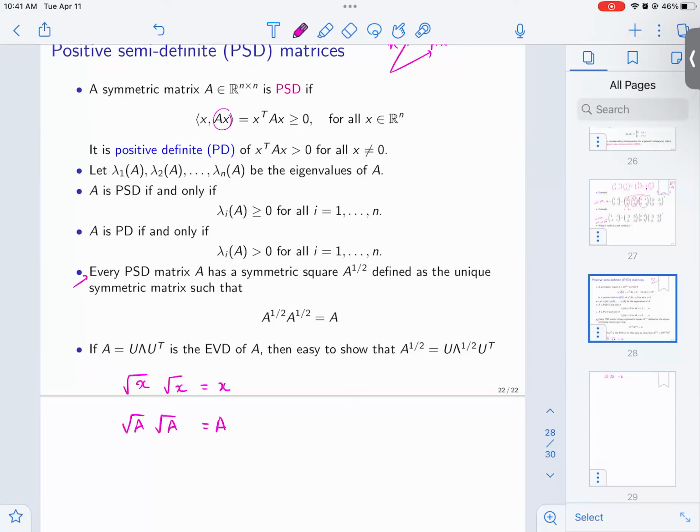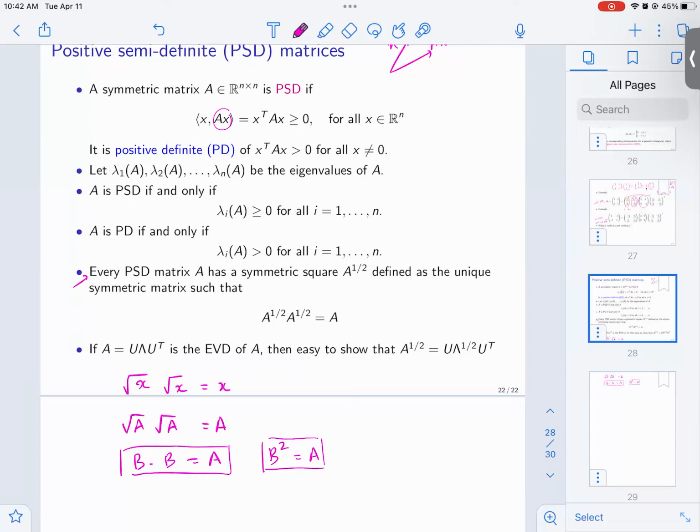But the notation just means there is some B such that B squared is A. If there is a B that satisfies this, that would be a square root. There might be multiple B's that satisfy this. What I'm interested in is, if A is symmetric, is there a symmetric matrix that has this property? And the answer is yes, there is a symmetric matrix.